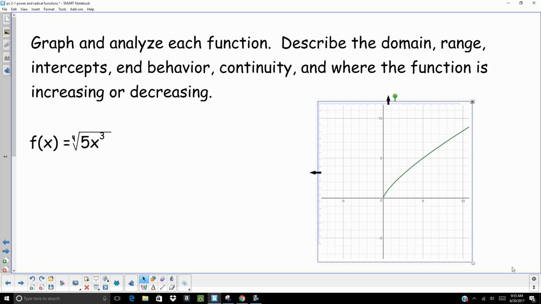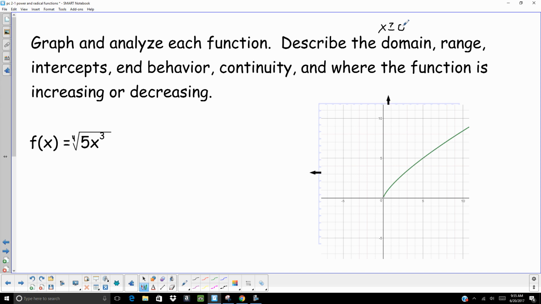So here's my graph. And it makes sense that it is almost like half a parabola, because my domain is x is greater than or equal to 0. And all I do is take what's underneath that radical and set it greater than or equal to 0 and solve.